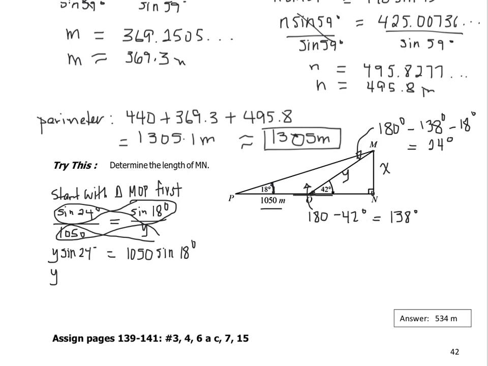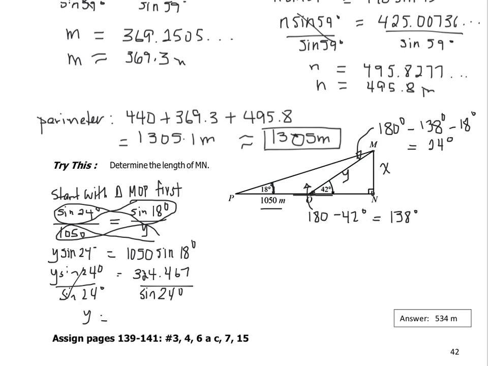And that should give you y sine of 24. 1,050 times the sine of 18 is 324.467. And if I divide that by sine of 24, they cancel.